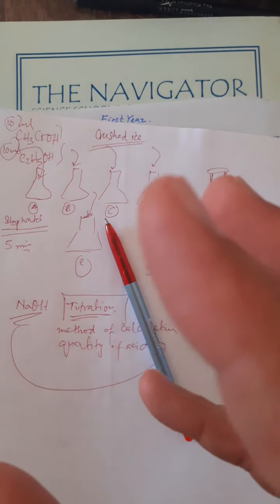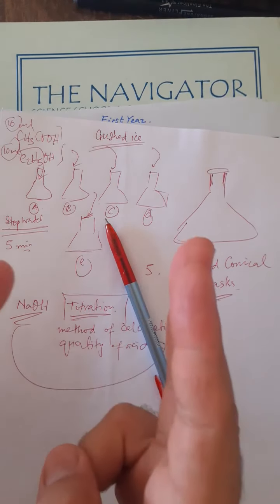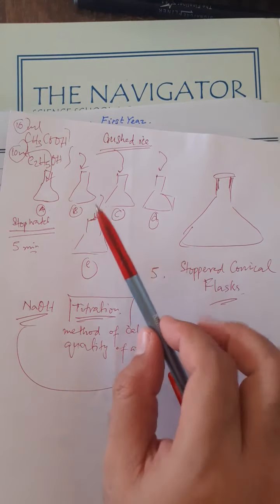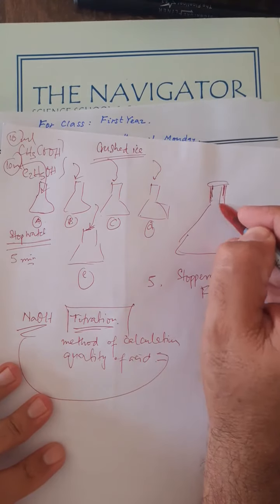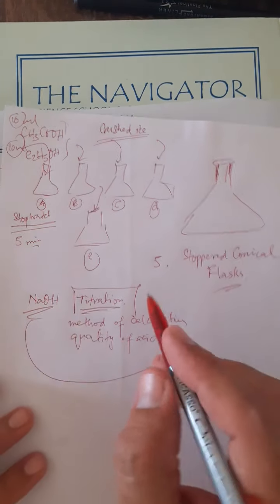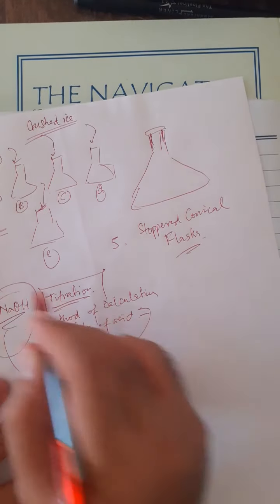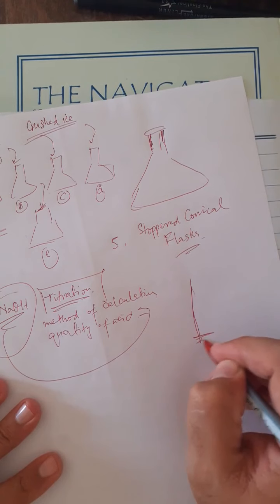Then we freeze the reaction by adding crushed ice into each, and use the stoppers to close them. And then we take sodium hydroxide in a burette.